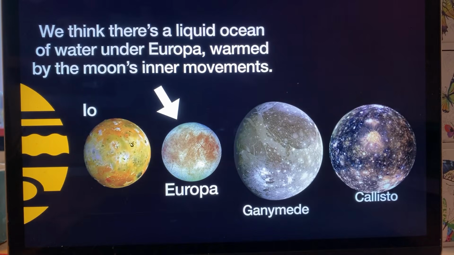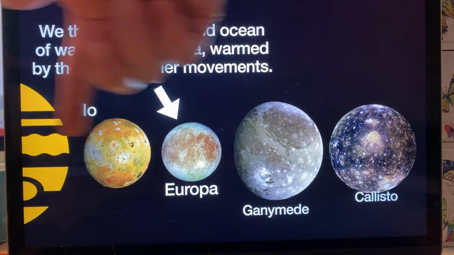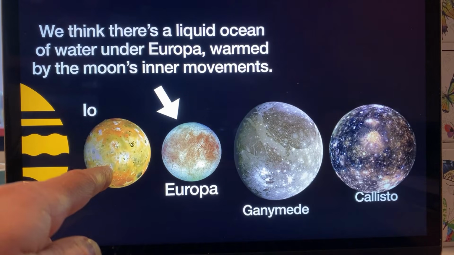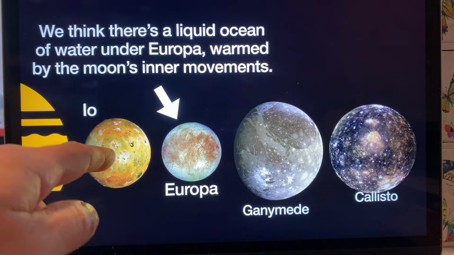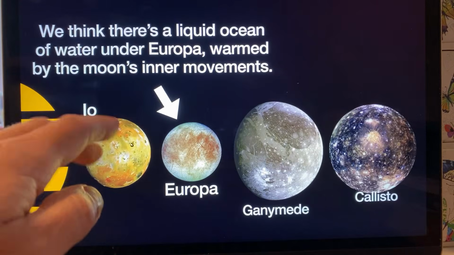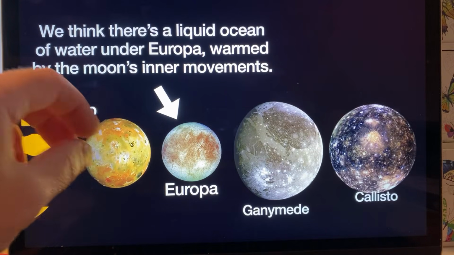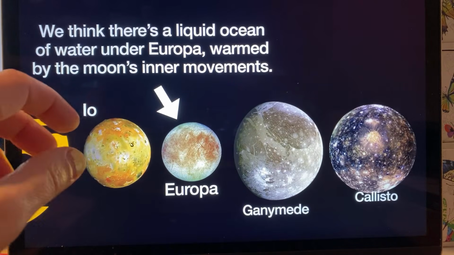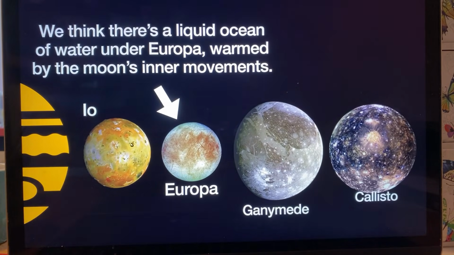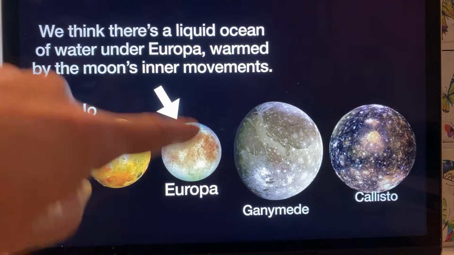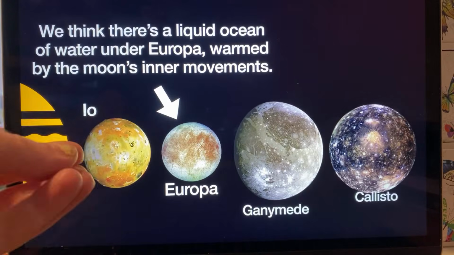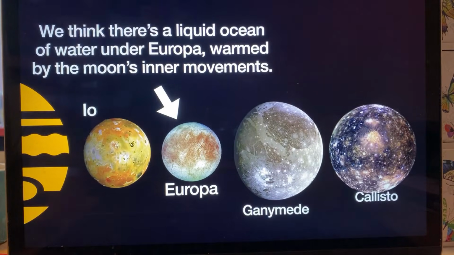So here's Europa. These are in the order that they are from Jupiter. The first moon, Io, of the Galilean moons, is very volcanic. It's got a lot going on under the surface, a lot of forces pushing and pulling and squeezing. And Europa's the same. So we think that underneath all the ice of Europa, there might be a liquid ocean being warmed up by all those forces on the inside.